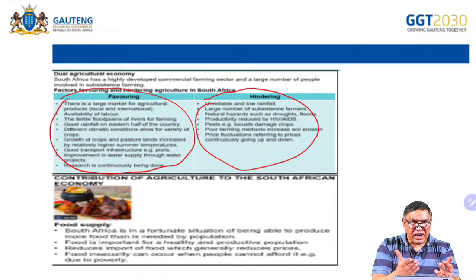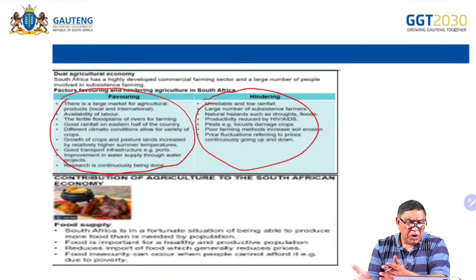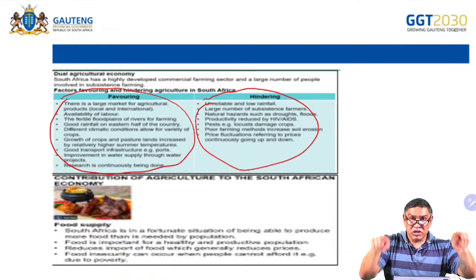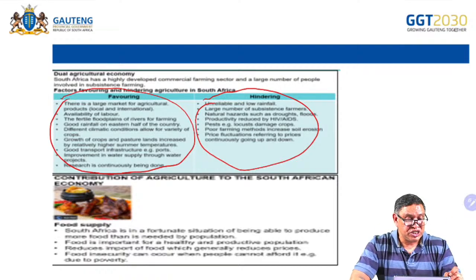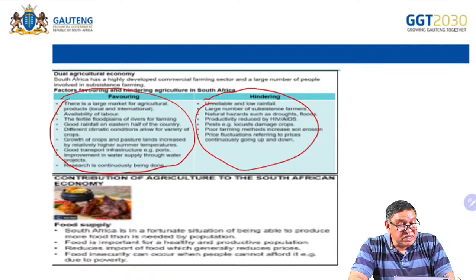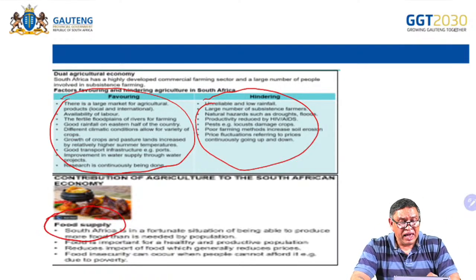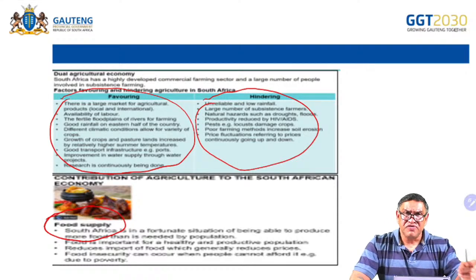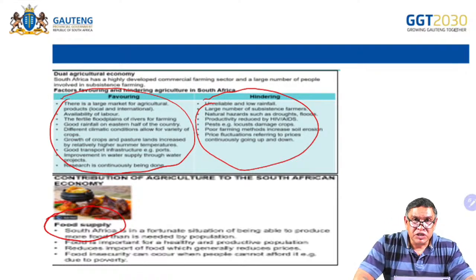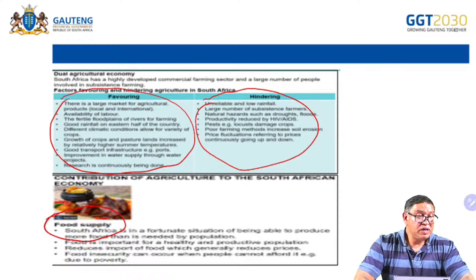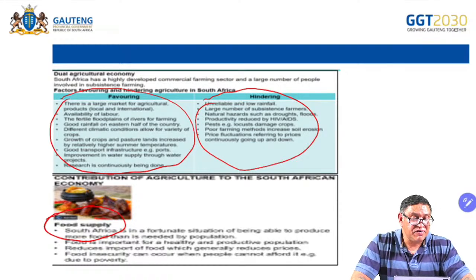So these are factors favoring and hindering which can apply to your study of beef production. The importance is that it provides food supply. So all these factors favoring and hindering must be related to beef production or cattle farming.